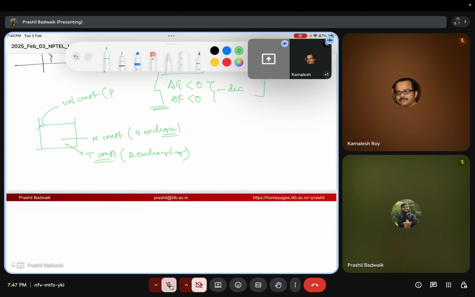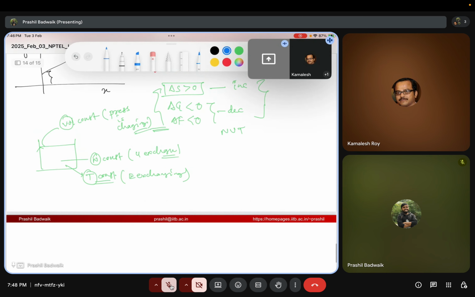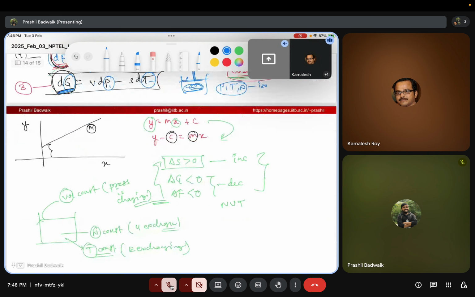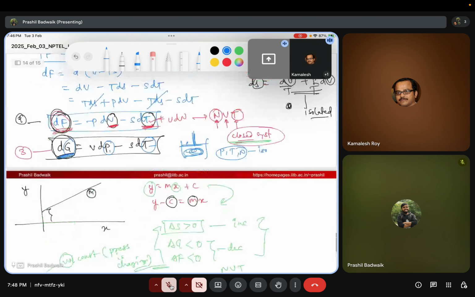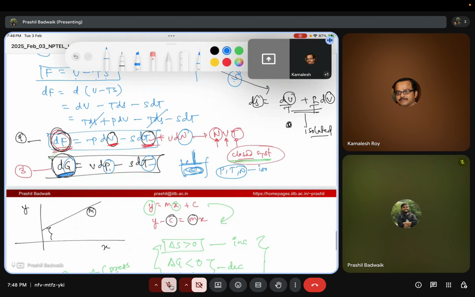Volume is constant, that means pressure is. So this is my NVT system. For this system, if I want to write a fundamental equation, it will have number of particles, volume, and temperature constant. So for that closed system, Helmholtz free energy tells whether the process will happen or not. If I have a closed system, then it is the Helmholtz free energy.